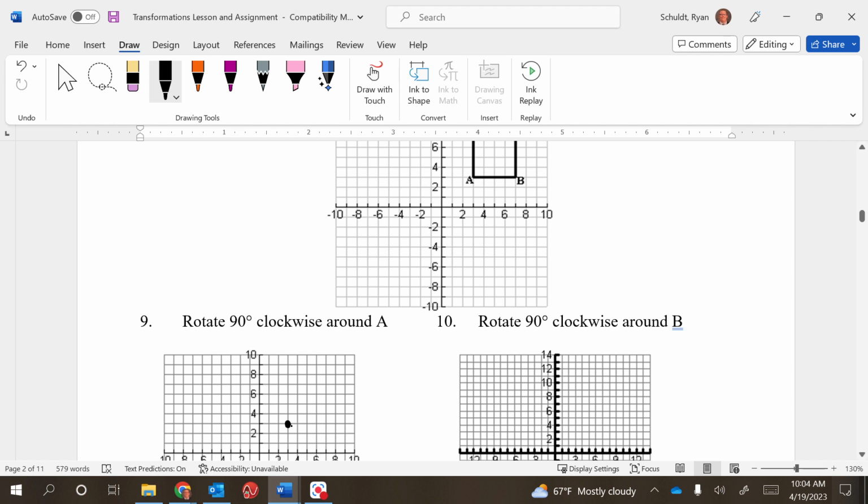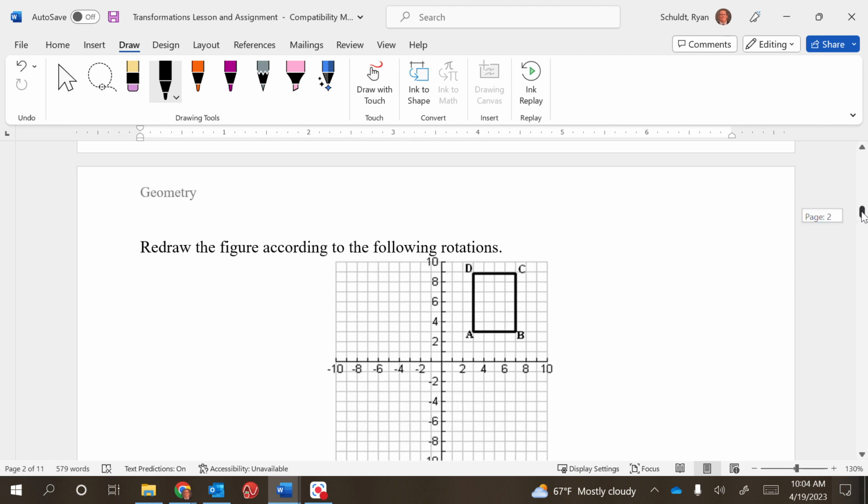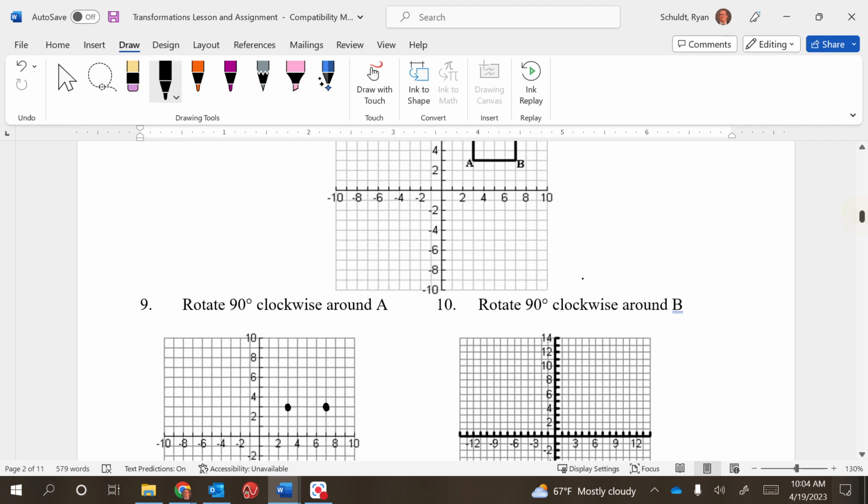And then B is at 7, 3. Then 9, 9. Okay, this is the original.